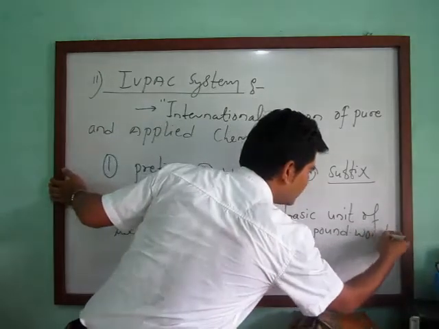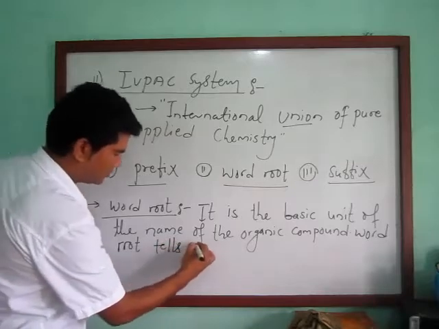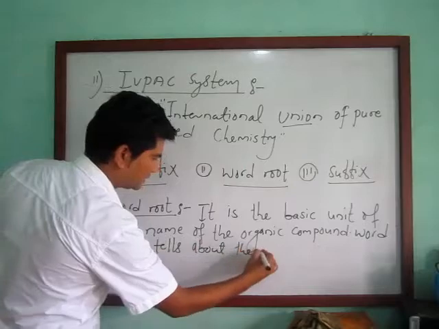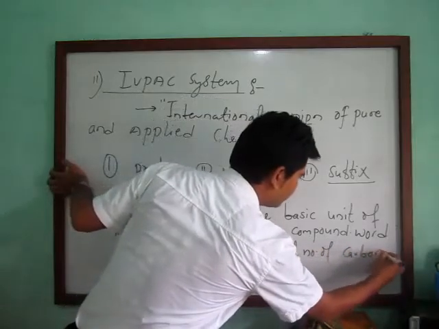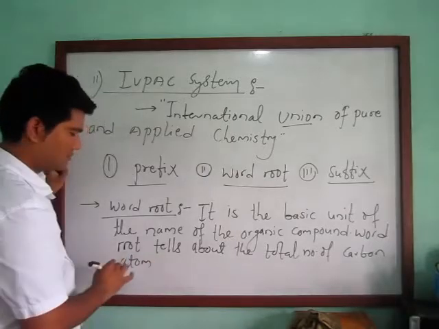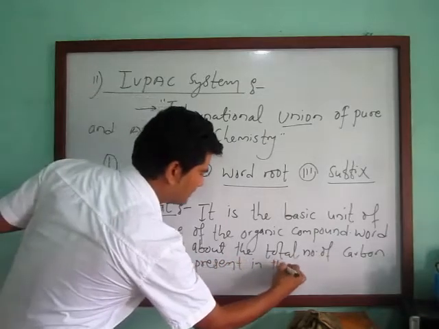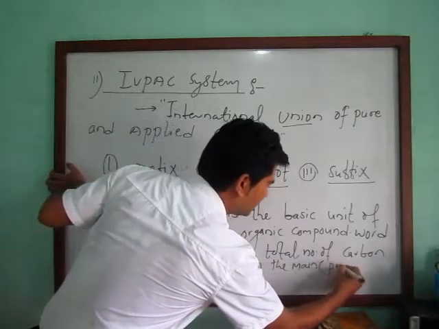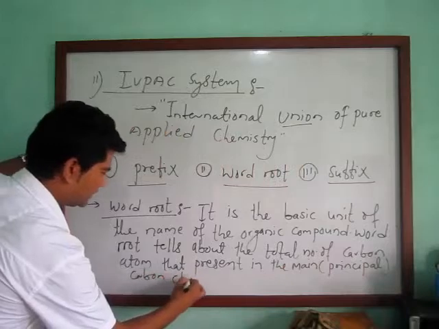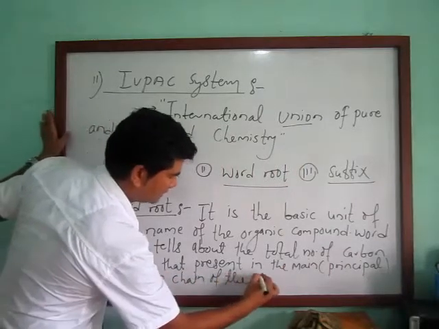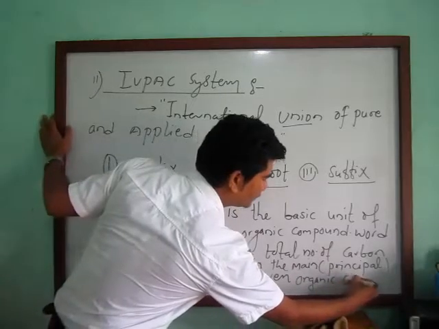So word root tells about the total number of carbon atoms present in the main, or you can say the principal, carbon chain of the given organic compound.